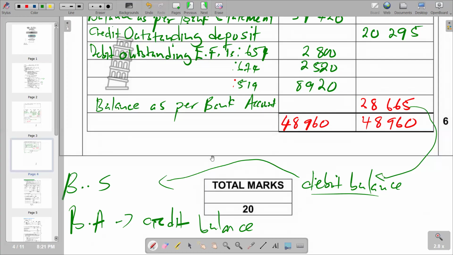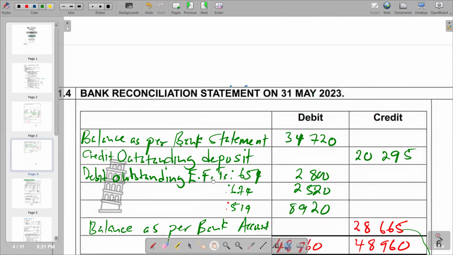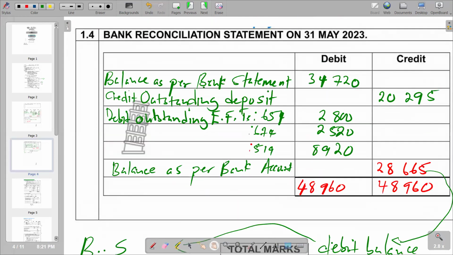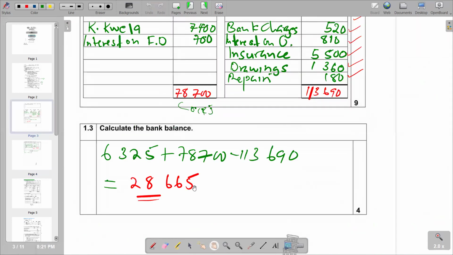So you see that the figure that you got here is 28,665. If you add 6,325 plus 78,700 minus 113,690, the figure that you are getting will be a negative figure.